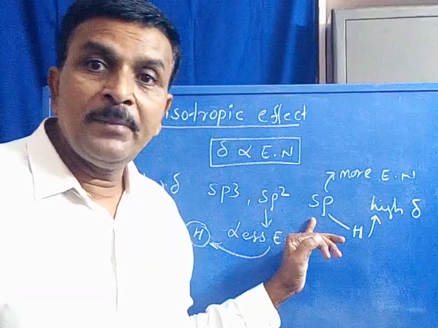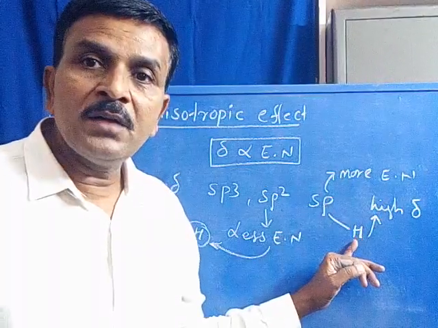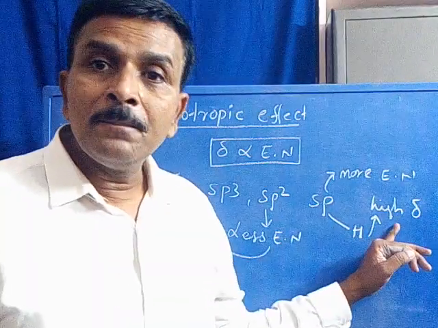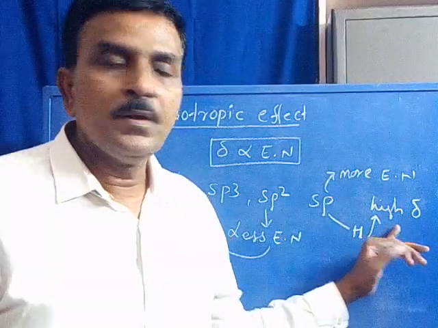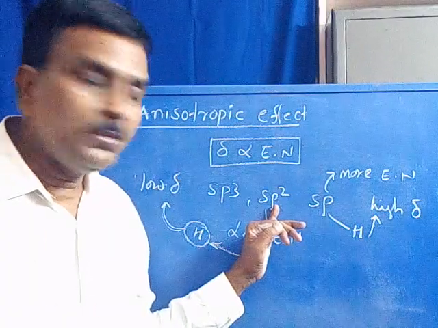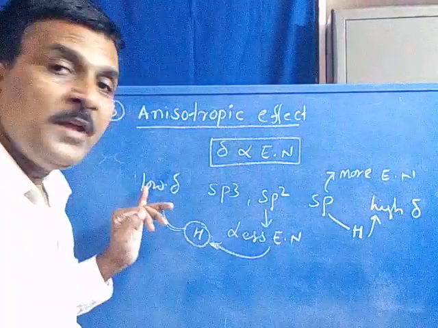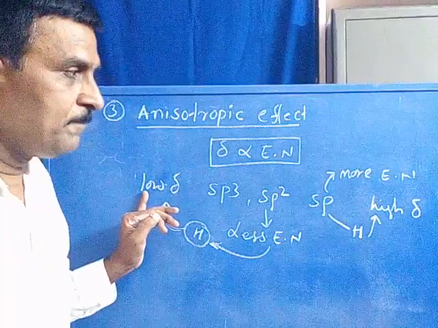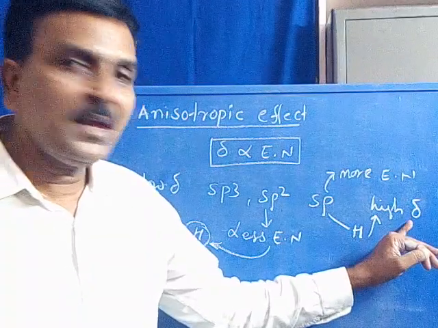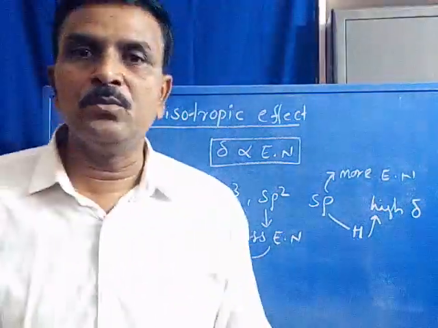So the sp hybridized carbon is more electronegative, therefore we would expect its protons to appear at higher delta value. Whereas the sp2 carbon is less electronegative, so its protons should appear at lower delta value. Is it clear?